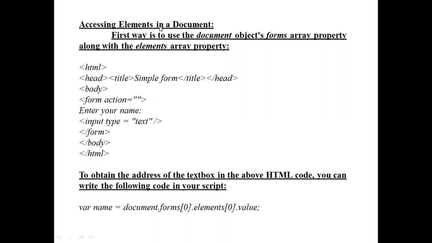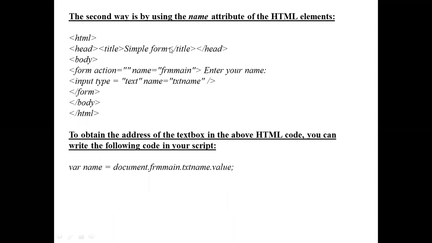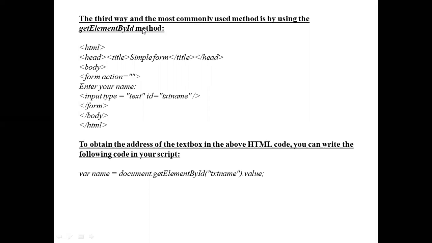The first way is to use the document object's forms array property along with the elements array property. The second is using the name attribute. The third one is getElementById, written as document.getElementById. These are the three ways of accessing the elements in the HTML document.